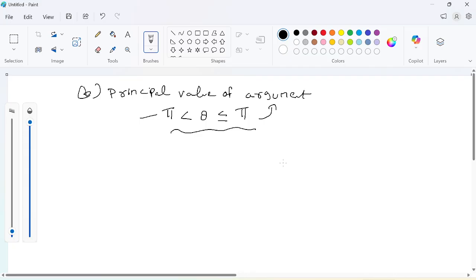Now, how we will find the principal value of argument, we will see. We have 4 cases. How to find the principal value of argument?